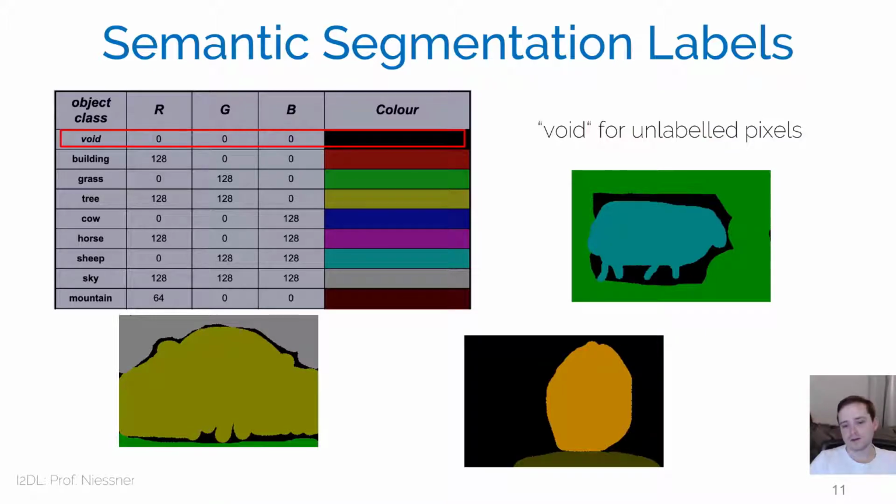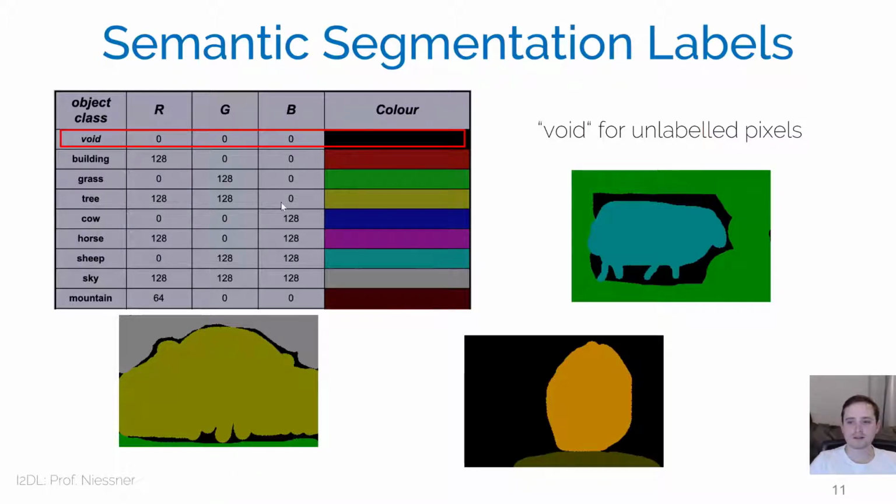And these datasets for semantic segmentation typically look something like this. The images are not always completely labeled, so that means you have pixels, like the black pixels you see around the sheep, or in this image, unfortunately, most of the image is just unlabeled.